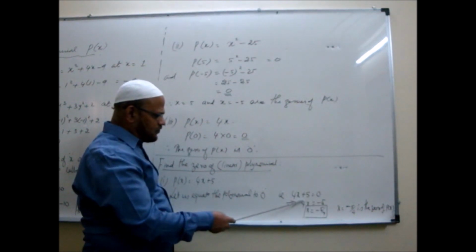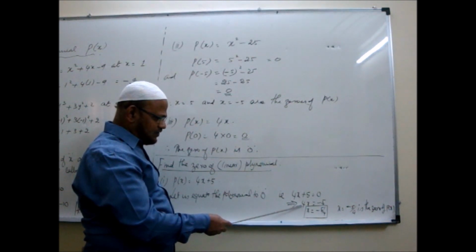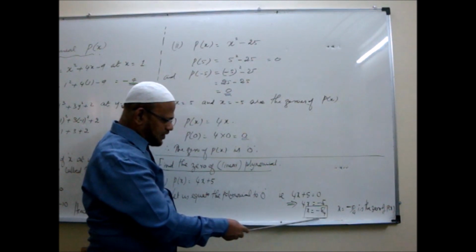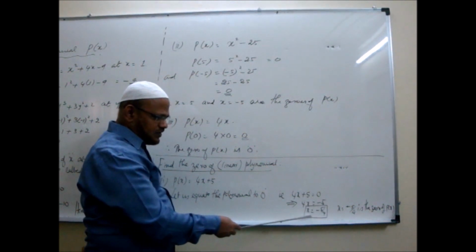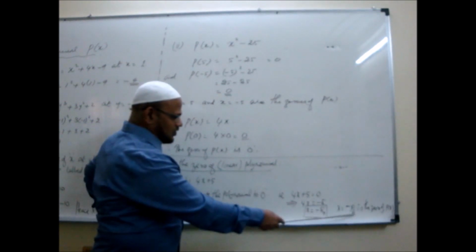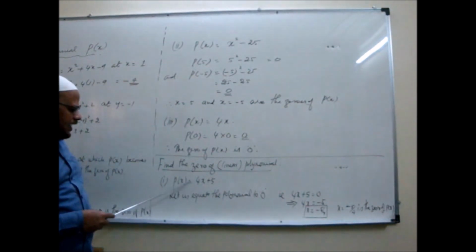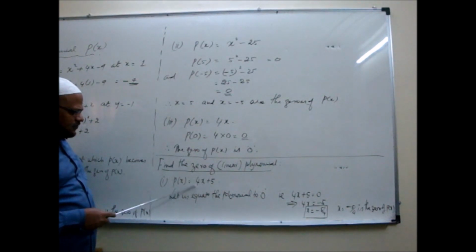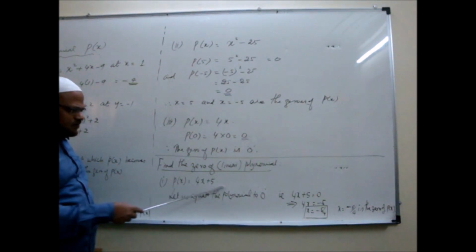Solve for x. Find out the value of x. It's coming x is equal to minus 5 by 4. So this is the 0 of the polynomial.